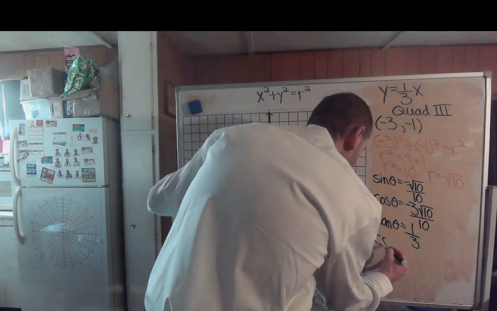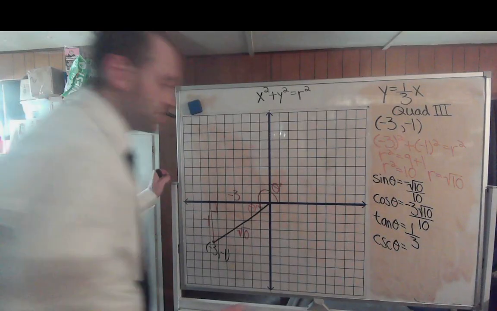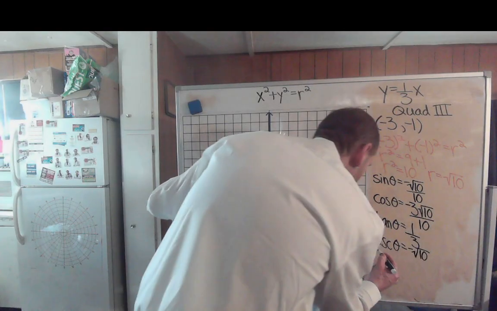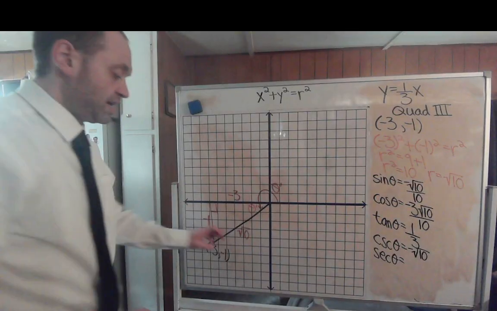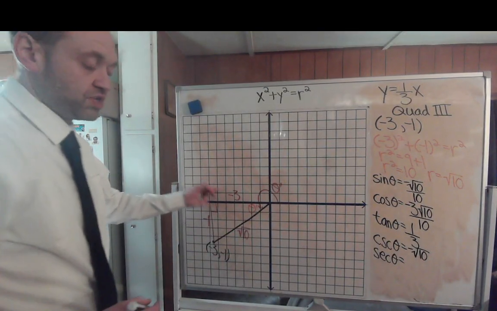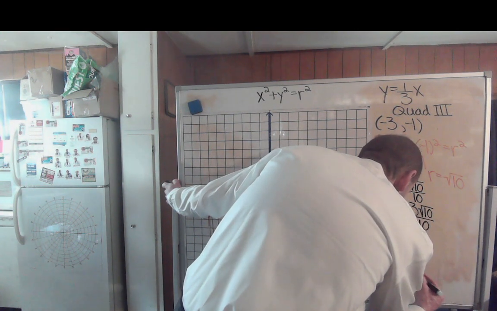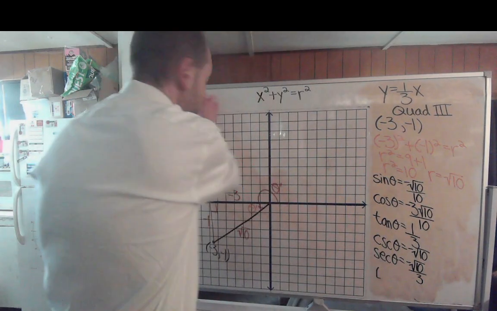All right, the cosecant of theta, that equals hypotenuse over opposite, so that would just give you negative square root of 10. Find the secant of theta. That's going to be hypotenuse over adjacent, so you would end up getting negative square root of 10 over 3. And then we can find the cotangent, excuse me.